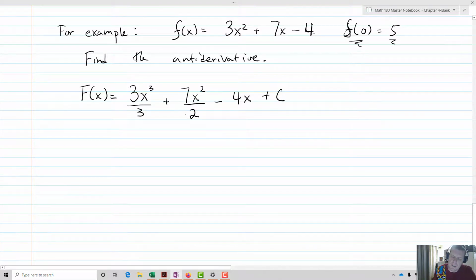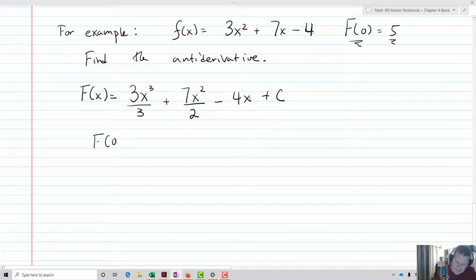Okay, so take a look, we're kind of doing the backwards of the derivative. We added 1 to the power and then divided by that number. We added 1 to the power, divided, and then for the constant, what we did was we just added an x onto the constant. Now I'm going to take f of 0 equals 5. So that means, excuse me, big F of 0 equals 5.